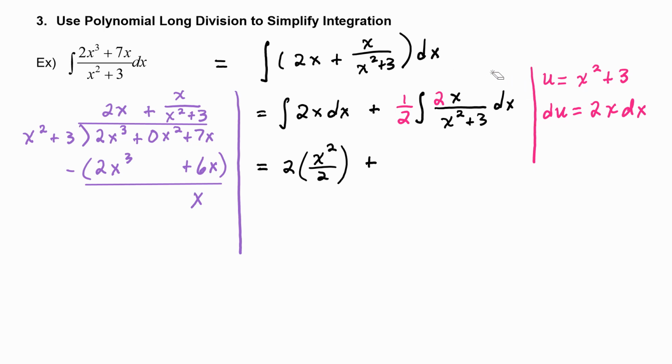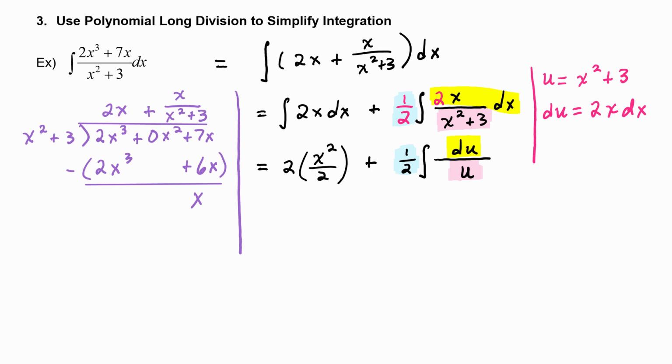Now we're ready to do our substitution here. So this becomes 1/2 times the integral. In the denominator, we have x squared plus 3, which we are going to replace with u. And in the numerator, we have 2x dx, which can get replaced with du.